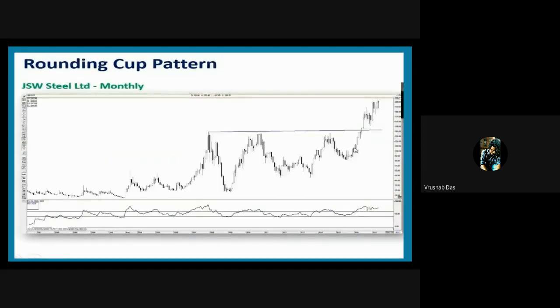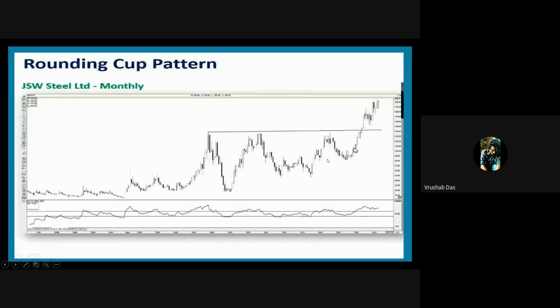And this is a second example of the rounded cup pattern, on JSW Steel. You can see here also, when the price crosses the neckline, the RSI momentum also crossed the 50 point.